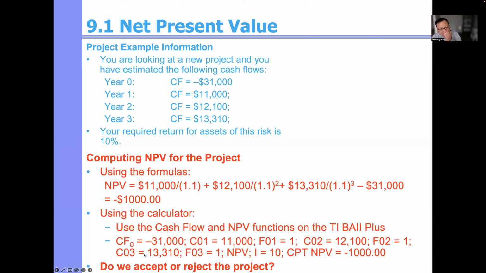And C03, the third cash flow, is 13,310, and F03 is 1. Then you press NPV and enter 10 for I, that's the required return. Then you press CPT to compute NPV, and you get a negative $1,000. Based on this, should we accept or reject the project? The answer is we're going to reject the project.